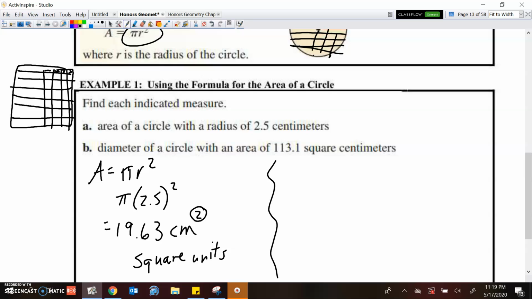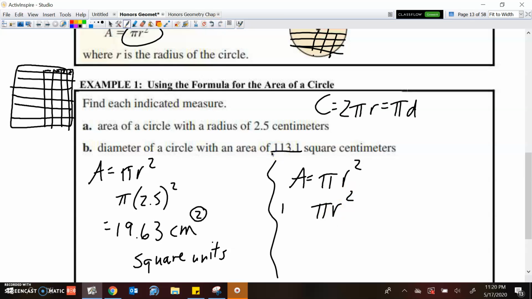Part B, though, asks for the diameter of a circle with a given area. There is no alternative, like circumference has 2 pi r and pi times diameter. Area does not have two different versions, so we're going to use pi r squared again. All that I can fill in here is the area, 113.1. So I'm going to divide by pi on both sides, and then take the square root.